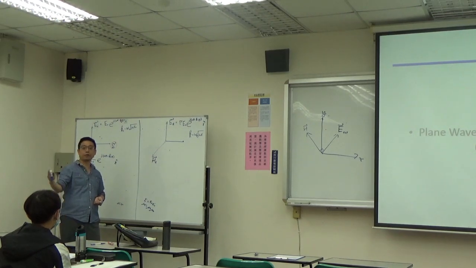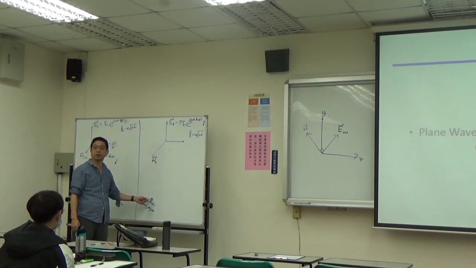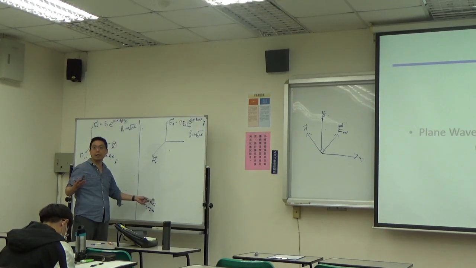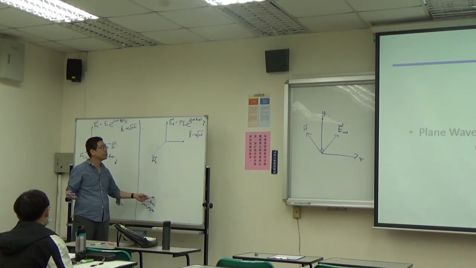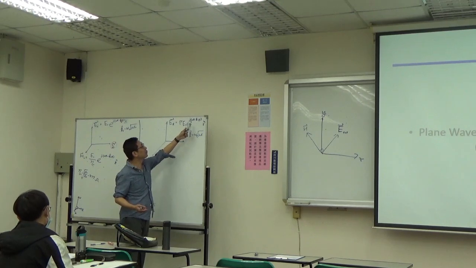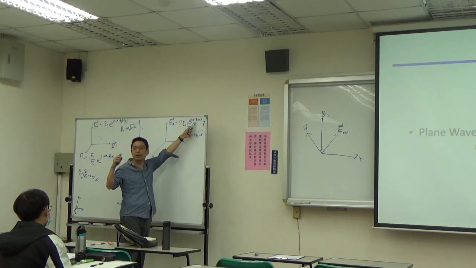But in your textbook, if this is a lossy material, you use gamma equals alpha plus j omega. So you use not only K, you use gamma, which is alpha minus jK or j beta.